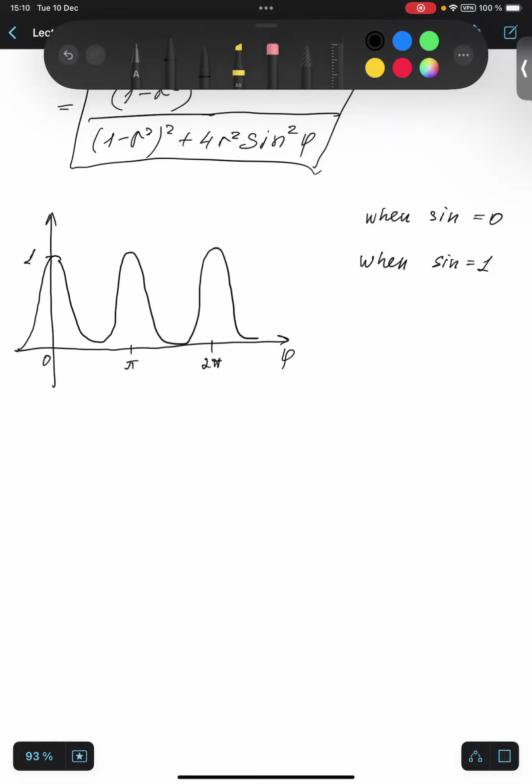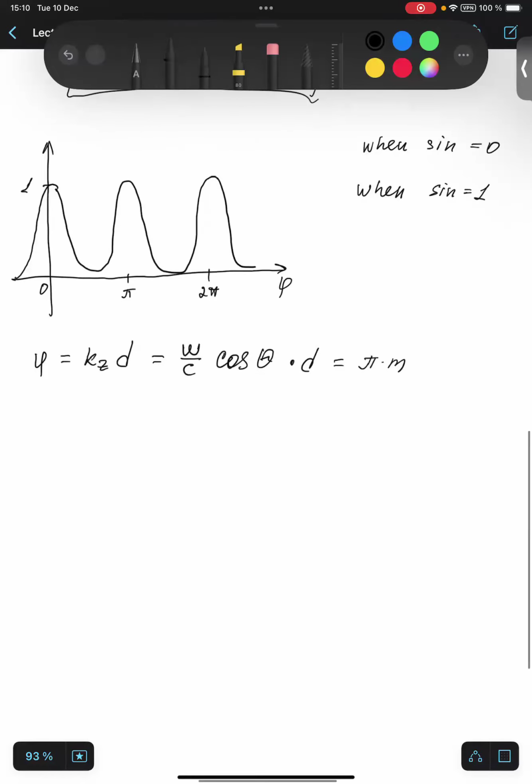How? We can consider our phi. As you remember, phi is kz d. Let's rewrite it: omega over c, cosine of the incident angle, multiplied by d. We consider the maximums, located at pi m, where m is just an integer number.